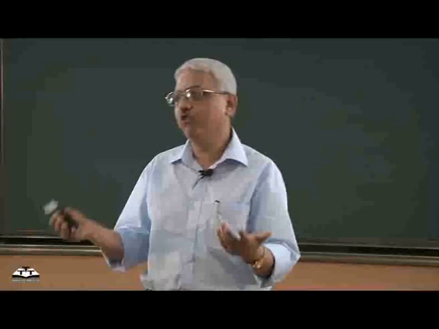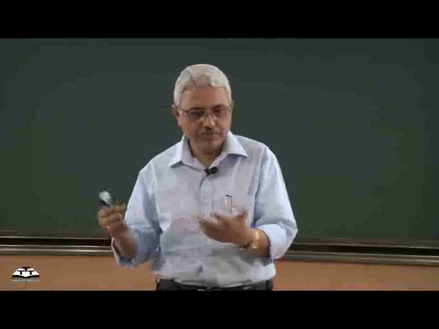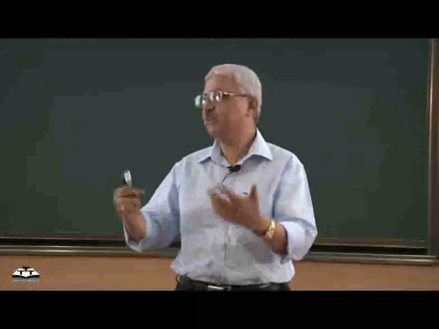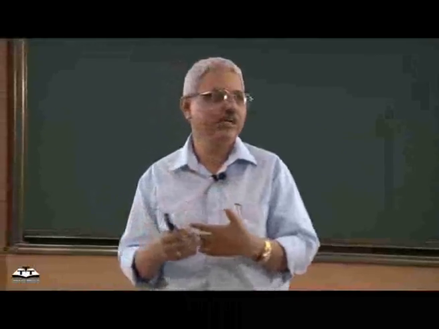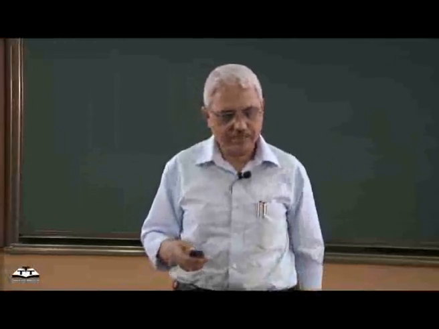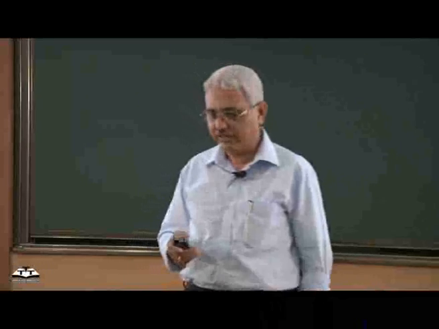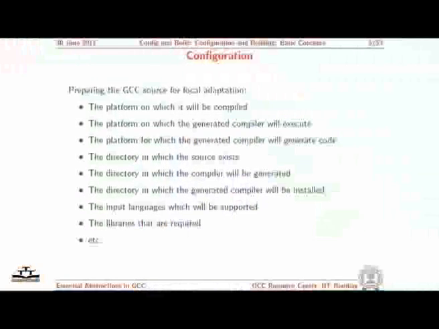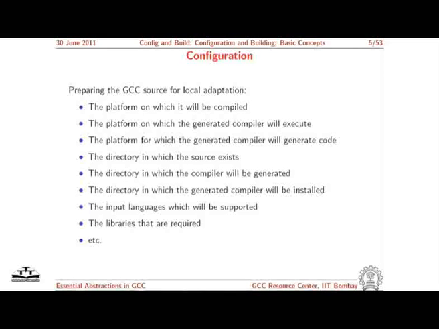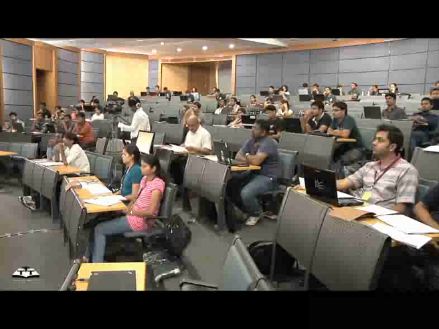Where do I want the compiler to be installed? Where is the machine description to be found? Etc., etc. Such are the questions that need to be answered before we actually build a compiler out of GCC. We would also like to specify what kind of libraries are required. So this is the process of configuration. Configuration essentially says, I'm going to customize the given generic source to my particular need. Having customized the source, we will actually build the compiler out of it.